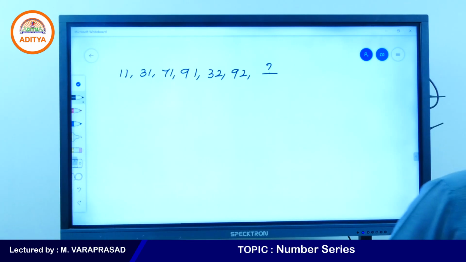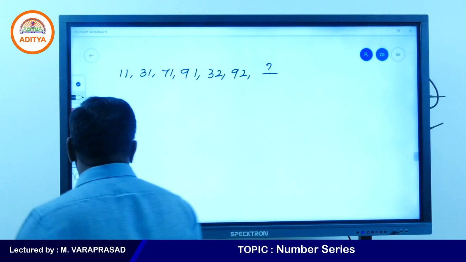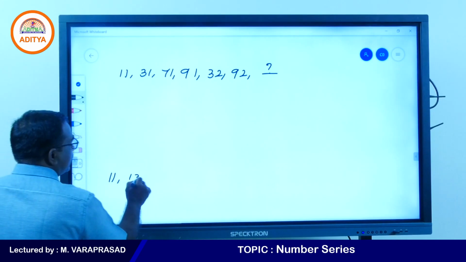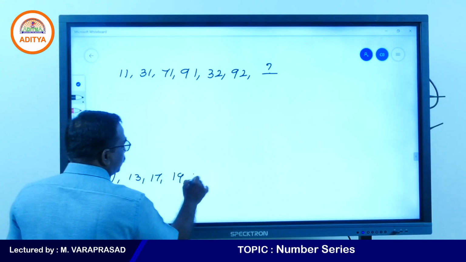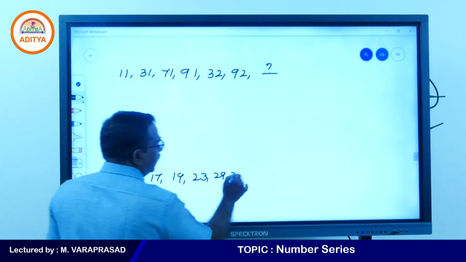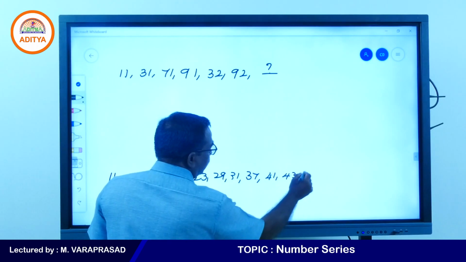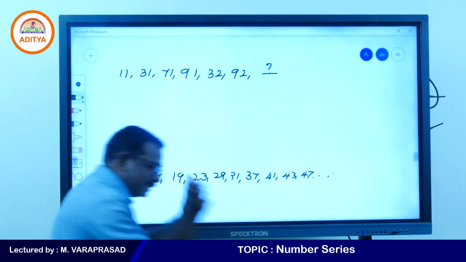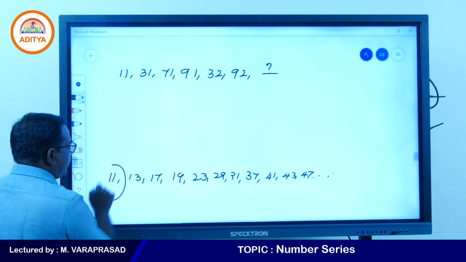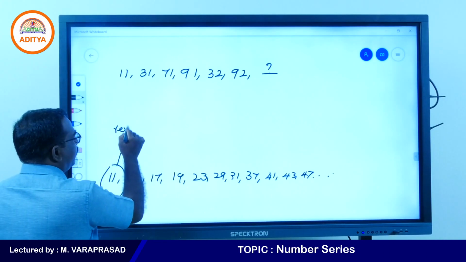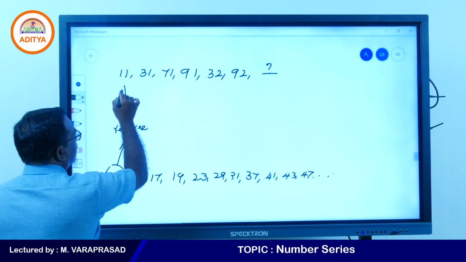If you take the prime numbers here, 11, 13, 17, 19, 23, 29, 31, 37, 41, 43, 47 and so on are the prime numbers. If we reverse the first prime number, 11, you get 11.